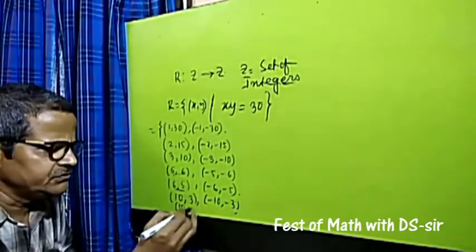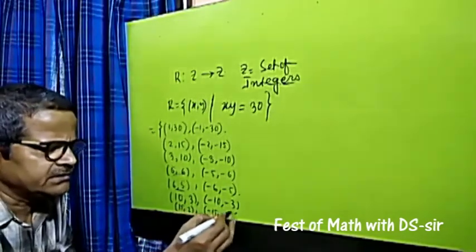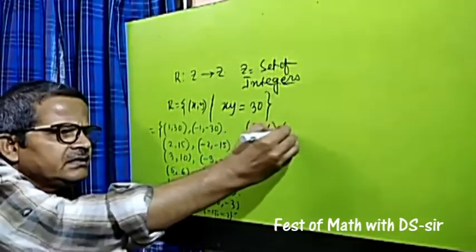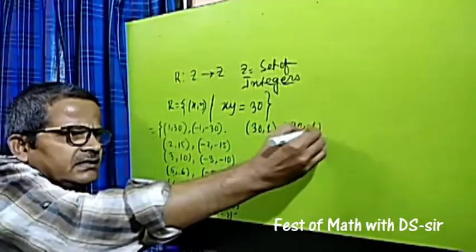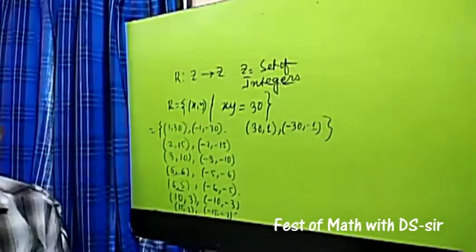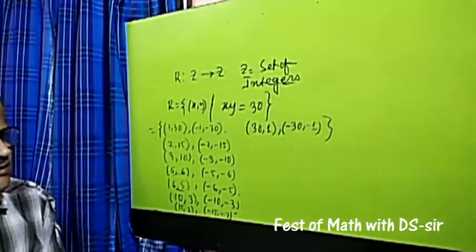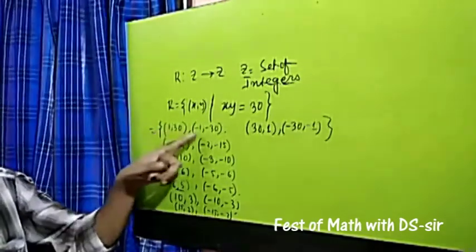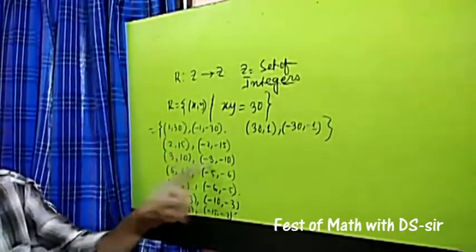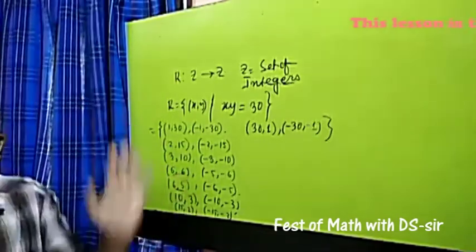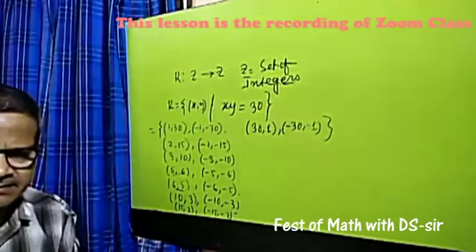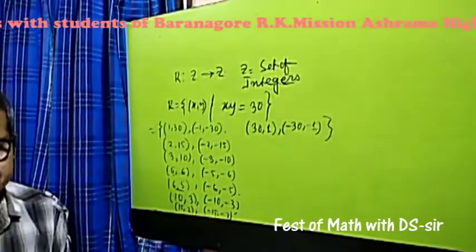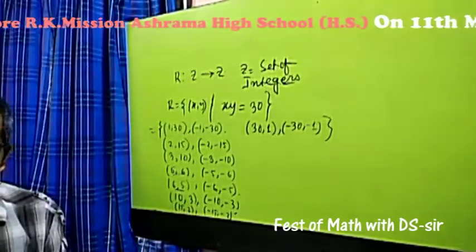Then (15, 2) and (-15, -2). Then (30, 1), (-30, -1). So these are the members of R. So the domain of R is 1, -1, 2, -2, 3, -3, 5, -5, and so on. And range is like this. Now in this case, domain and range are the same. This was our next example.